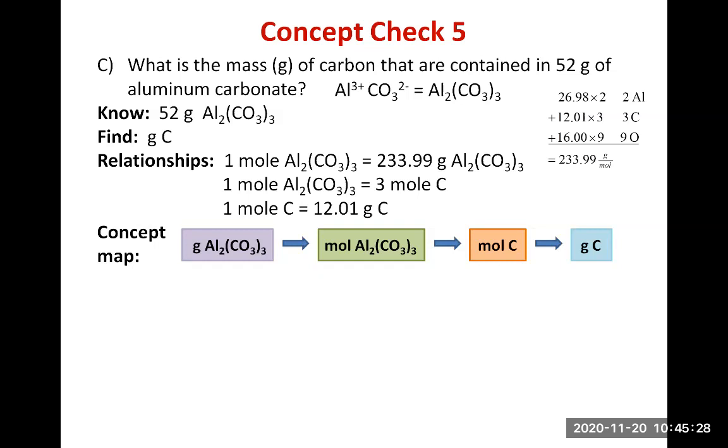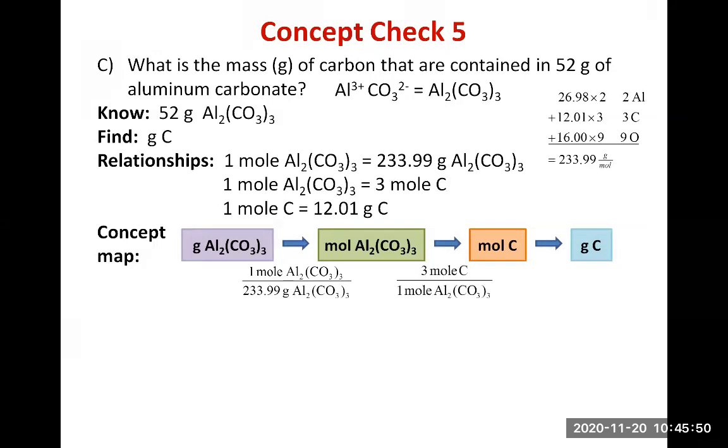So the first conversion factor needs to have grams of the carbonate on the bottom and 1 mole of the carbonate on top, so that we can cancel grams of carbonate that are given. The next conversion factor needs to cancel the moles of aluminum carbonate.